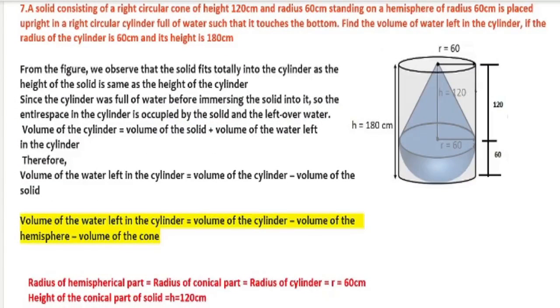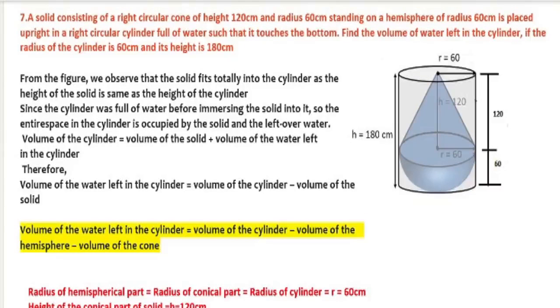It is given a solid consists of a right circular cone of height 120 centimeter and radius 60 centimeter, standing on a hemisphere of radius 60 centimeter. It is placed upright in a right circular cylinder full of water such that it touches the bottom.